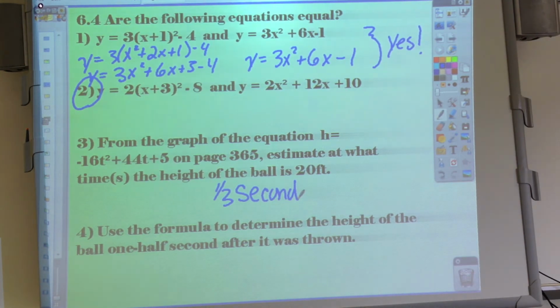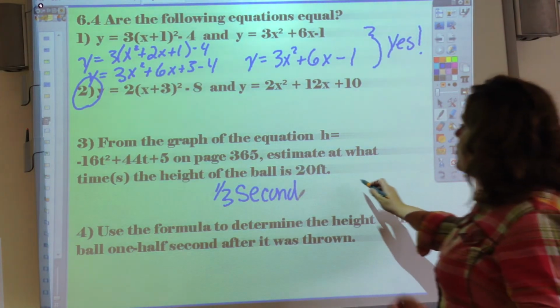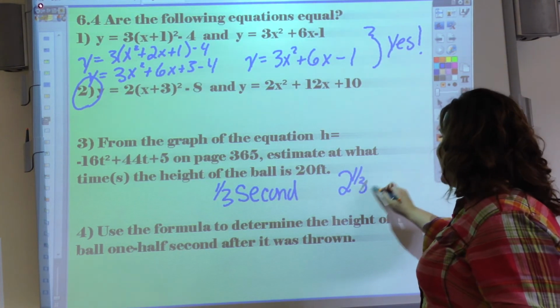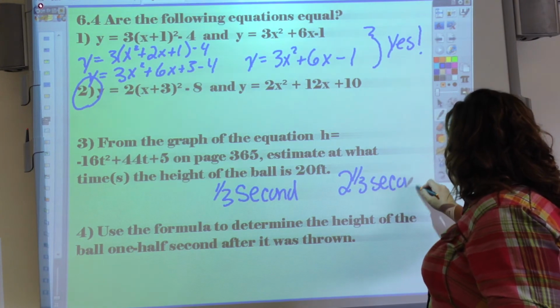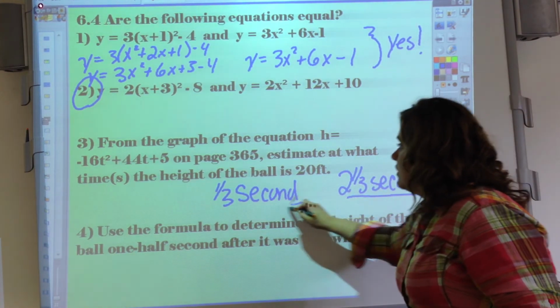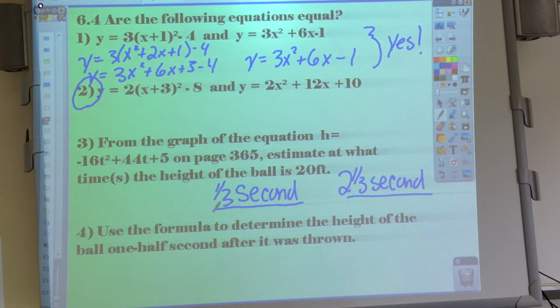The second time that happens looks like it is at 2 1/3 seconds when the ball is on its way back down. If you didn't get those answers, please go back to page 365 and look at that graph again. Remember, you're following the height on y versus the time on x.